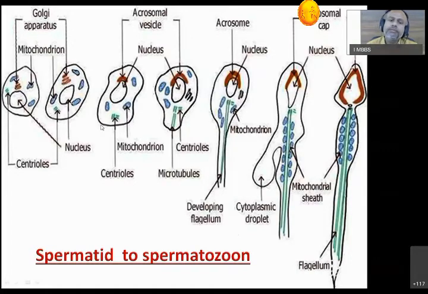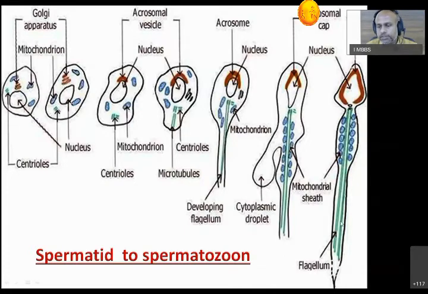The tail of the sperm is formed by the centrioles. Here you can see the two centrioles. One centriole, which remains in the neck, will form the basal body. Here you can see this circular structure in the funnel-shaped part of the neck of the sperm. The distal centriole will move apart and form the tail.